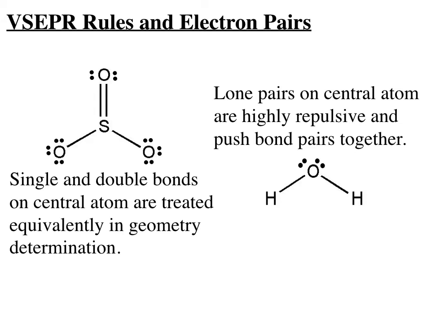If those non-bonding pairs were not there, the OH single bonds would be 180 degrees apart from one another. But the non-bonding pairs or lone pairs on the central atom are highly repulsive, and they end up pushing the bond pairs down to an angle less than 180 degrees.